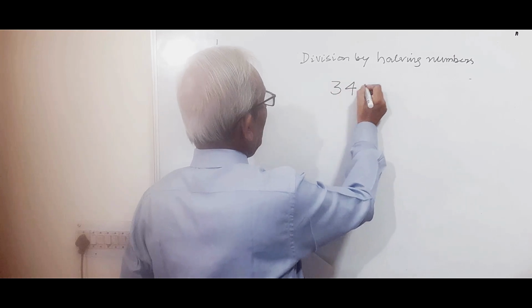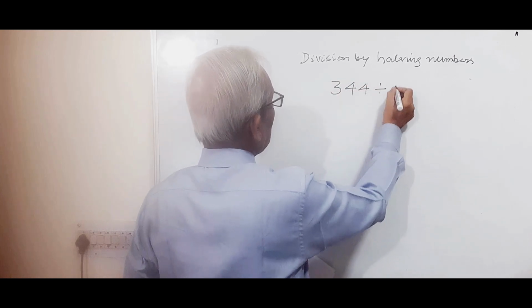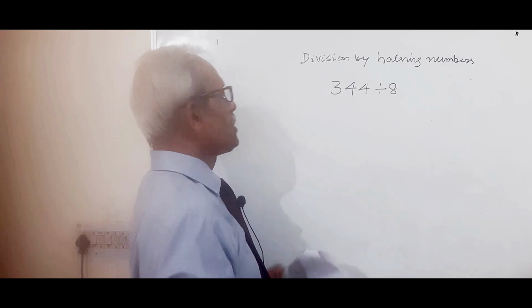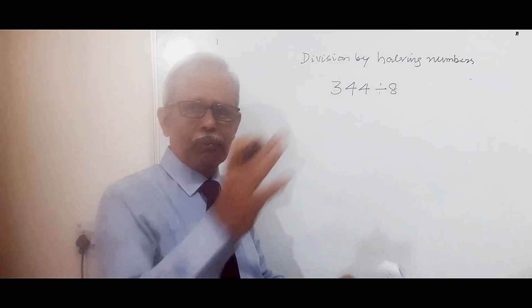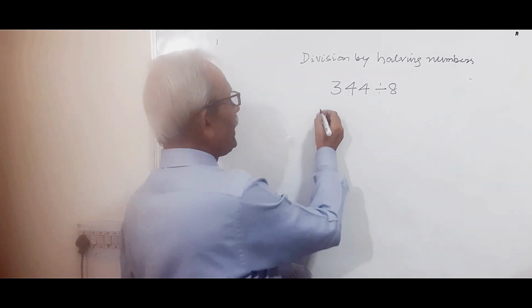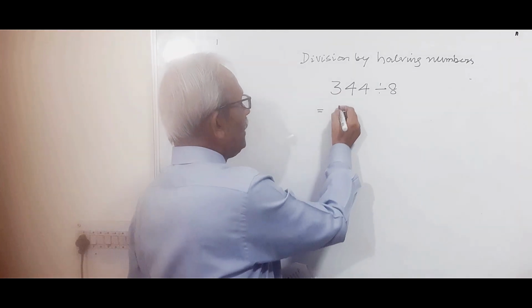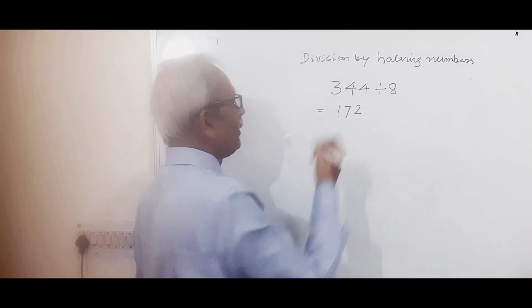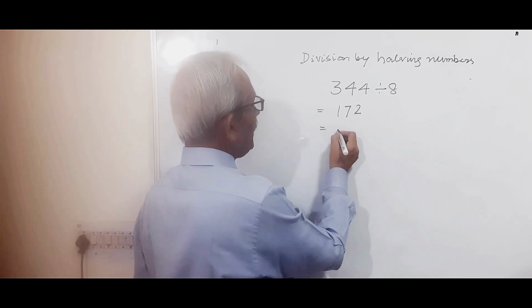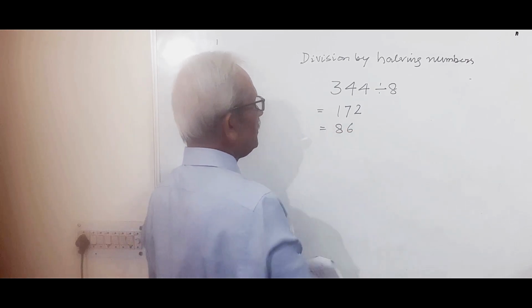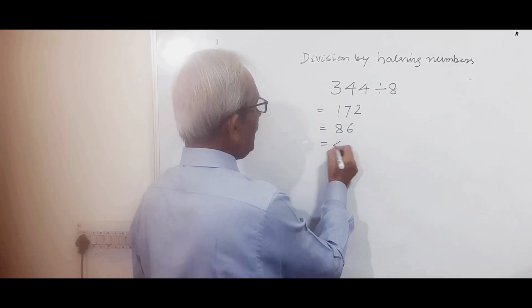344 divided by 8. So instead of dividing it straight away by 8, which involves many steps of division, we can halve it 3 times. The first time halving, it becomes 172. Next time halving, it becomes 86. Next time halving, it becomes 43.